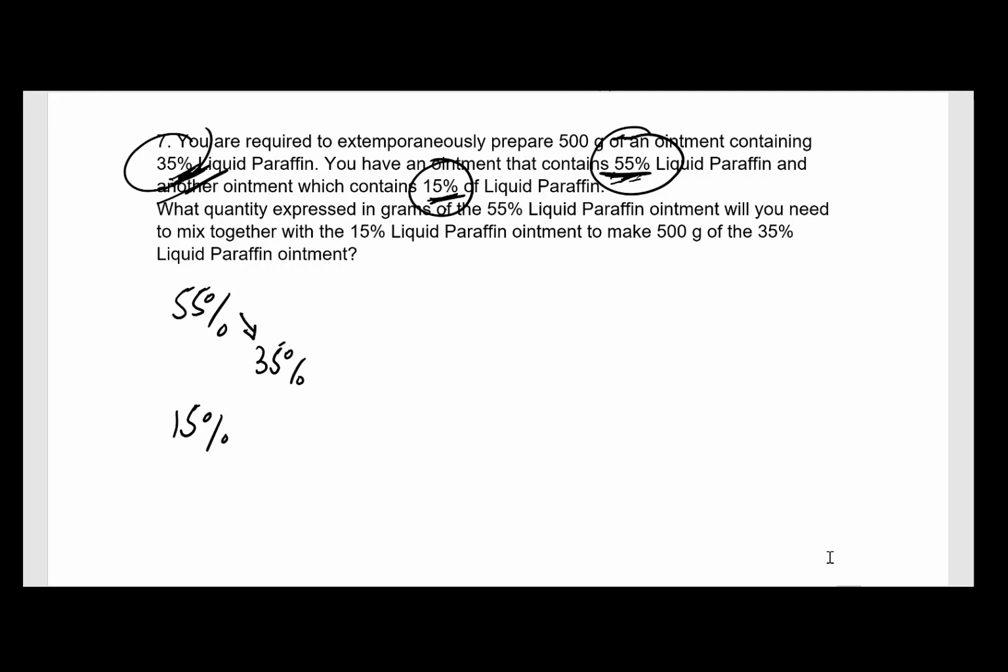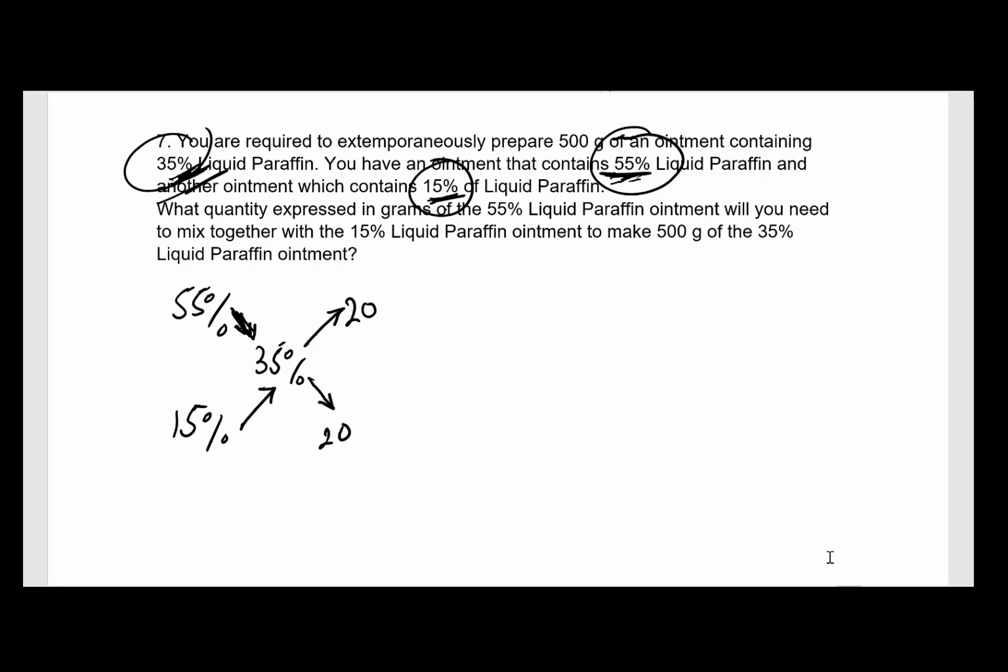So 55 minus 35 is what? 20. And 15 minus 35 is 20, right?